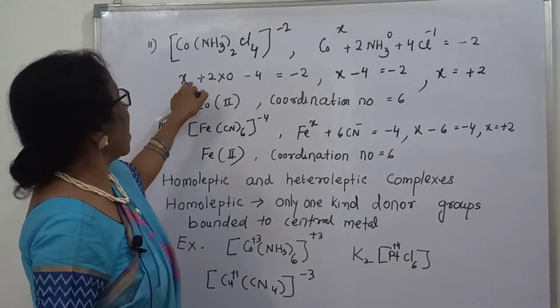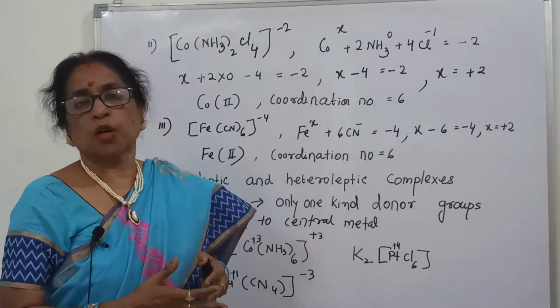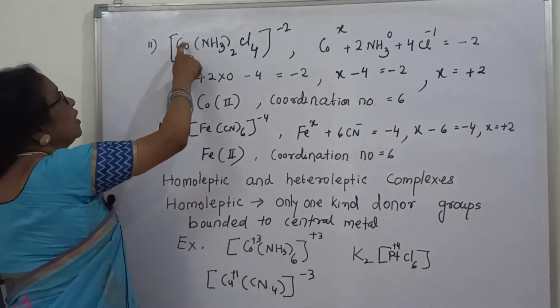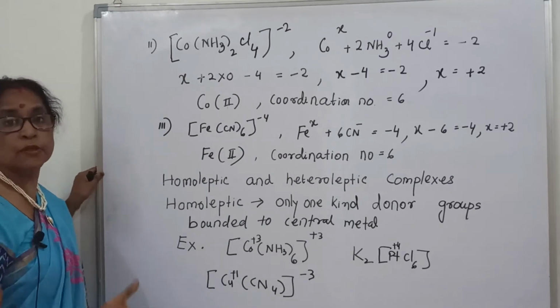So X minus 4 equals minus 2, so X equals plus 2. That means when you calculate the oxidation number of cobalt, the result is plus 2.